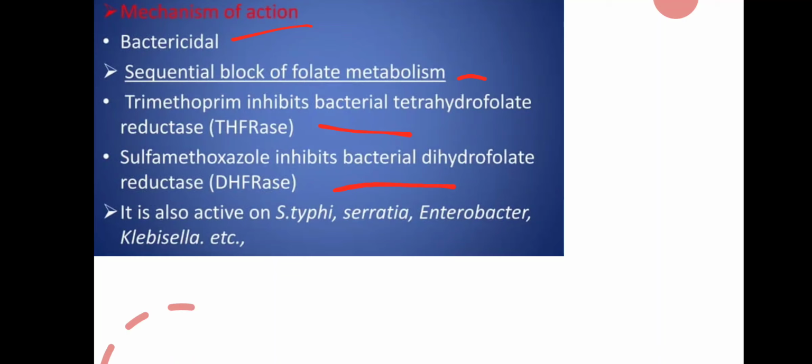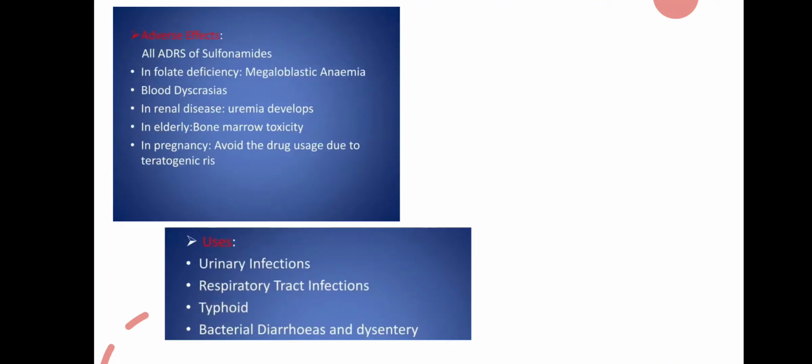They block the folate, means they block the metabolism process, the chemical process, the cell division of these bacteria. That's why this cotrimoxazole is used as a very good antibacterial agent, and is also active on Salmonella typhi, Serratia, then Enterobacter, Klebsiella, etc.